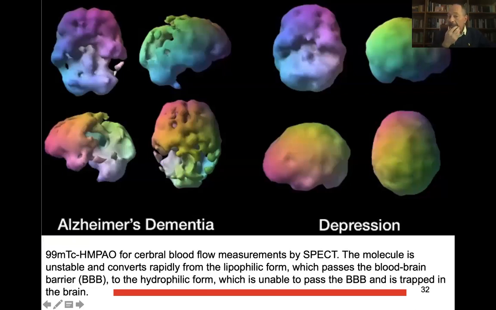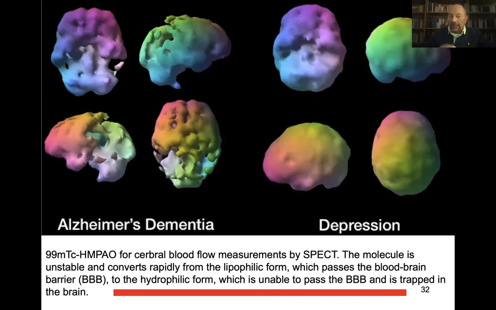There are also other applications of 99 technetium beyond the applications in cardiology. These expand, for example, to the brain. That's a nice example. This drug is HMPAO, a drug that you can bind with technetium, and this molecule is unstable and converts rapidly from a lipophilic form, which passes the blood-brain barrier, into a hydrophilic form, which is unable to pass it and is trapped in the brain.